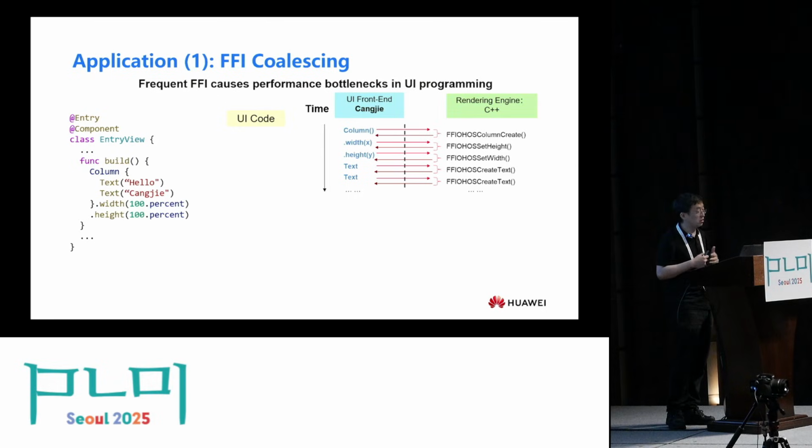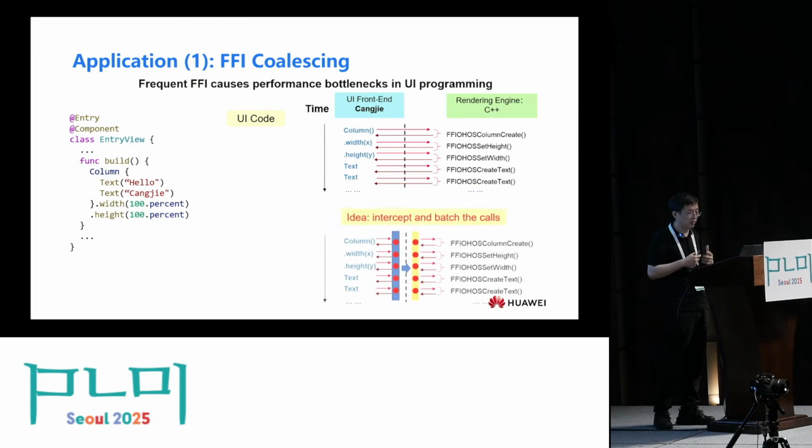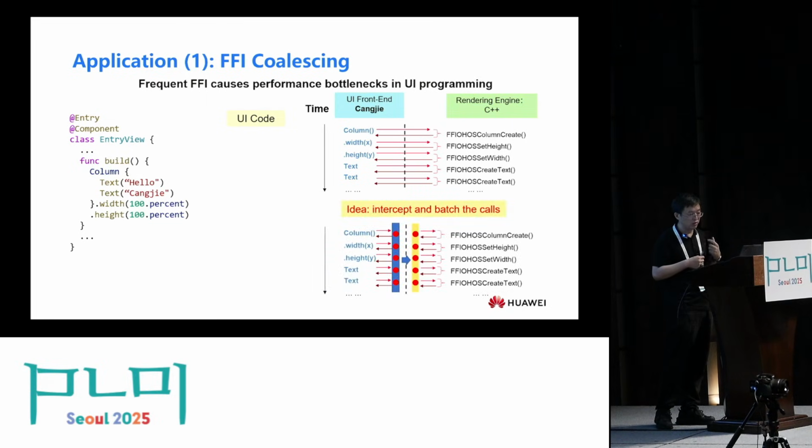This introduces lots of performance overhead. To address this problem, the so-called FFI coalescing tries to intercept all these foreign function calls from the Cangjie side and batch them and forward them to the C++ side. In this way, you only go across the language boundary once.